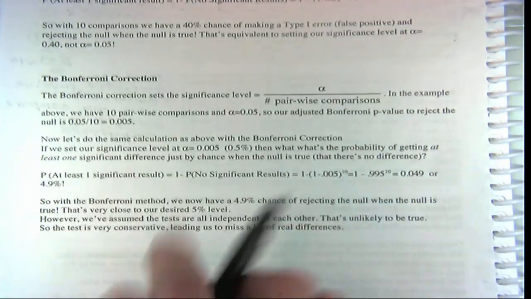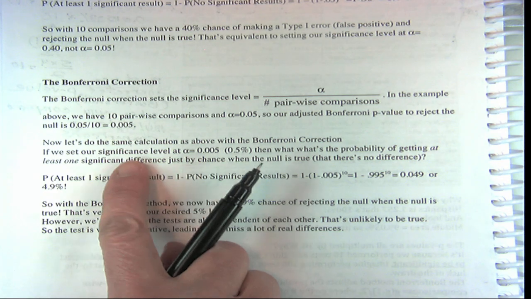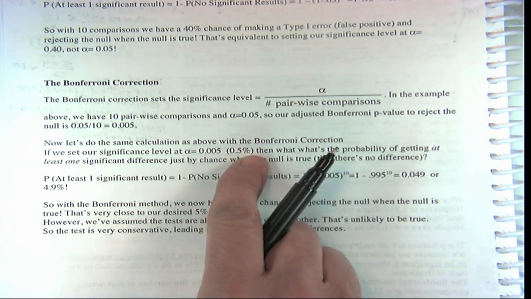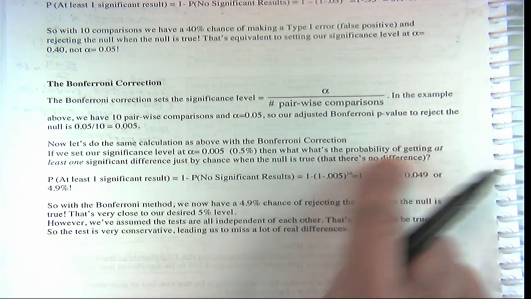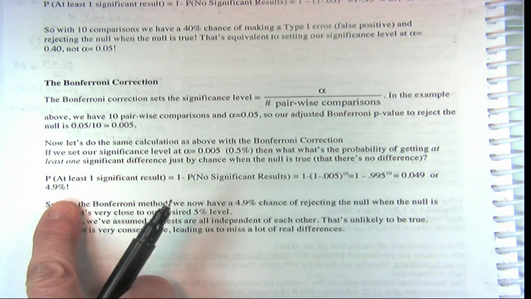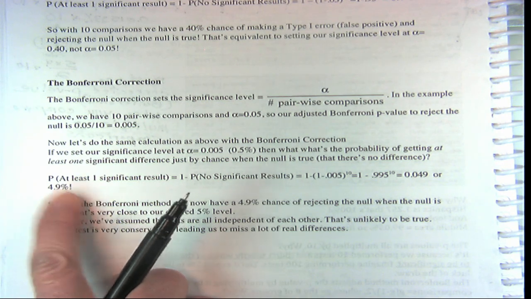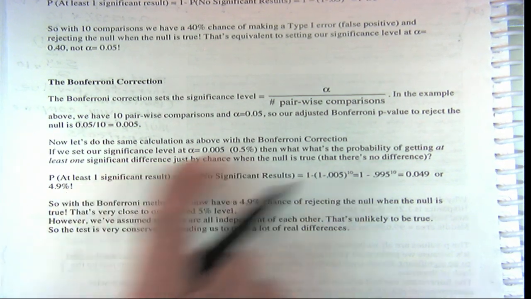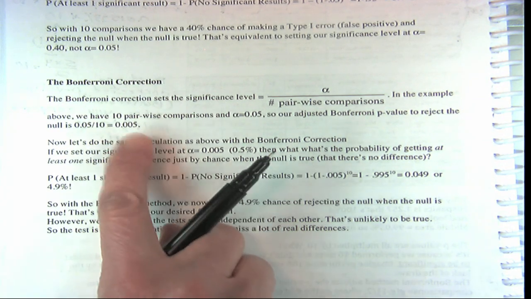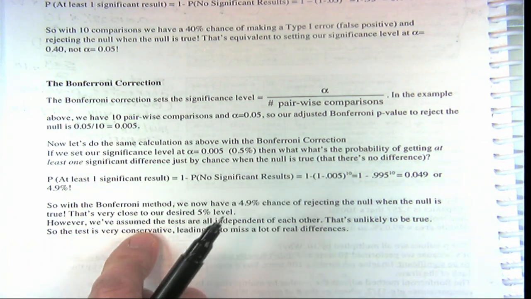So now if you do the same exact calculation at significance level 0.5%, you end up with very close to 5%, but actually setting the significance level 10 times smaller.